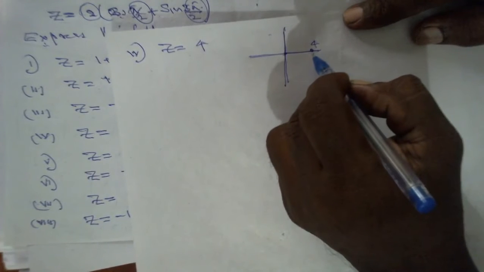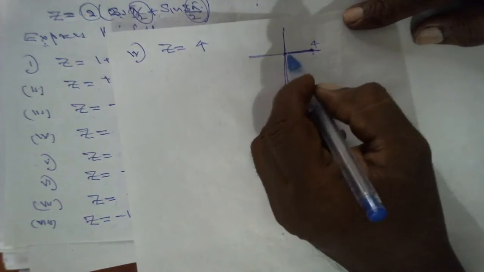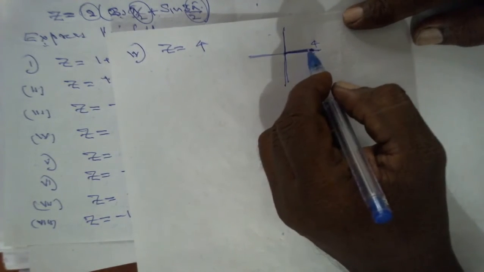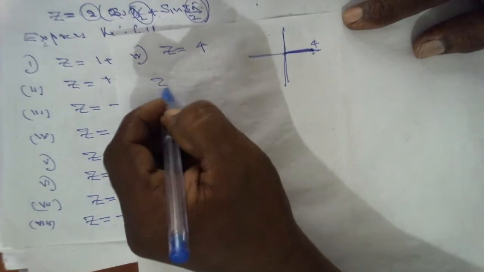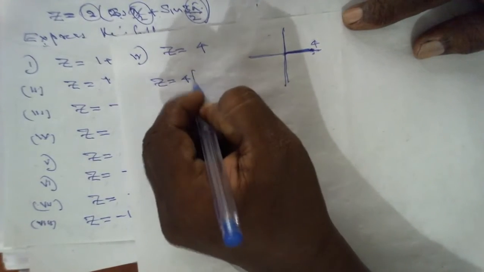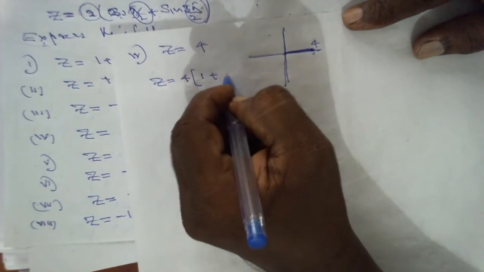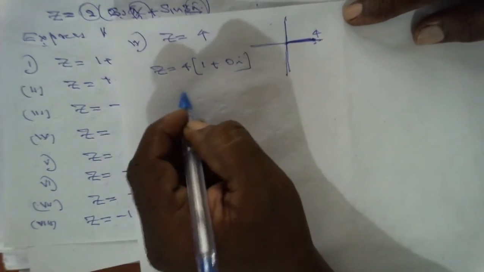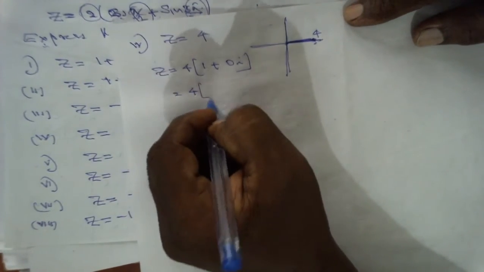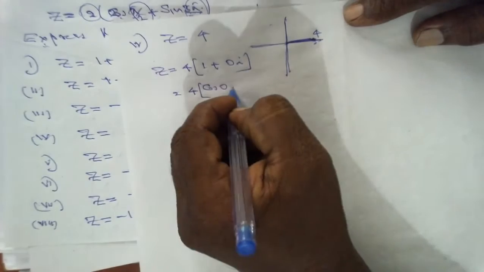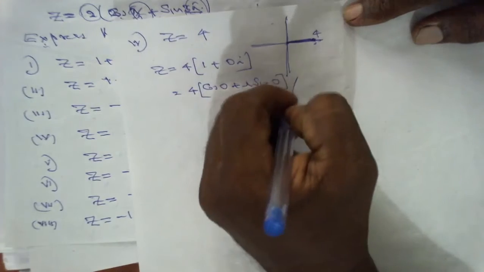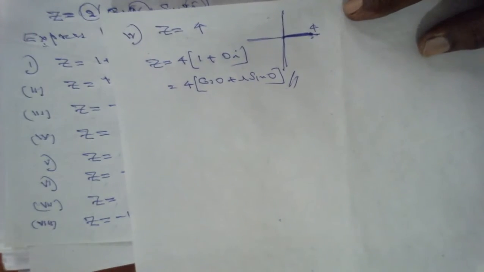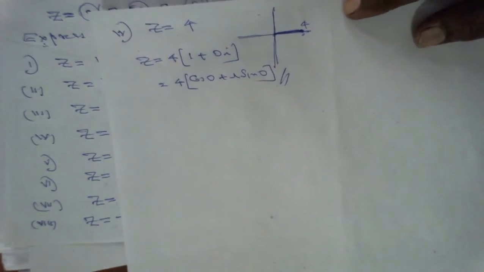Number 4 is here. What is the argument? 0. Then you can write C equals 4 times 1 plus 0i, like this. So this equals 4 cos 0 plus i sin 0. So this is the polar form of z equals 4.